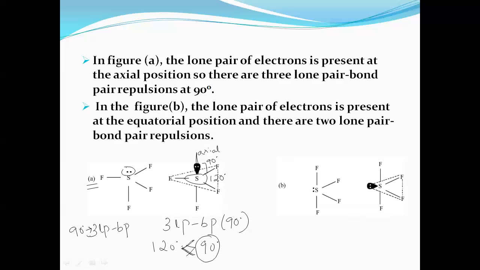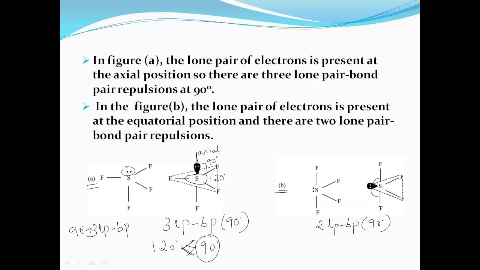Now if this lone pair is placed at the equatorial position as we see in this figure B, it will face only 2 lone pair bond pair repulsions at 90 degrees. These two fluorines placed at the axial positions are at 90 degrees to the equatorial lone pair, so it will have 2 lone pair bond pair repulsions at 90 degrees.